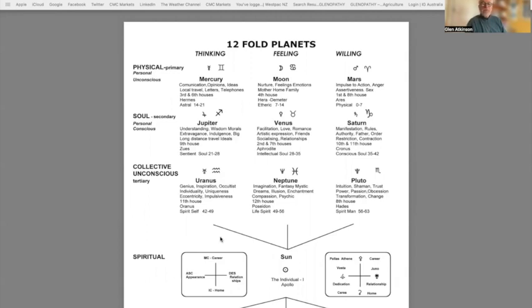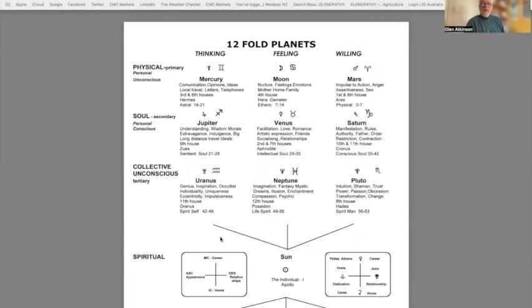And we can see the planets in that regard, that at the top of the picture, it's really the Earth, and we come out from the Earth and we see this personal unconscious realm, and we have the planets of Mercury, Moon, and Mars.